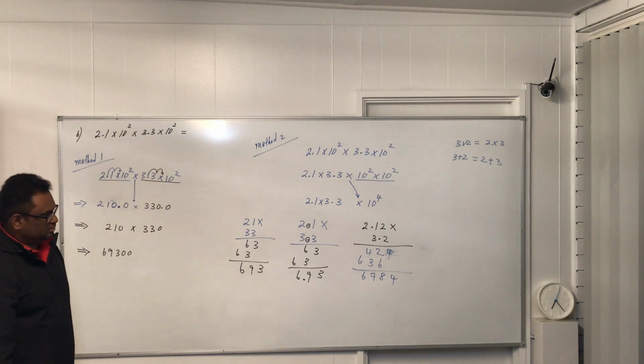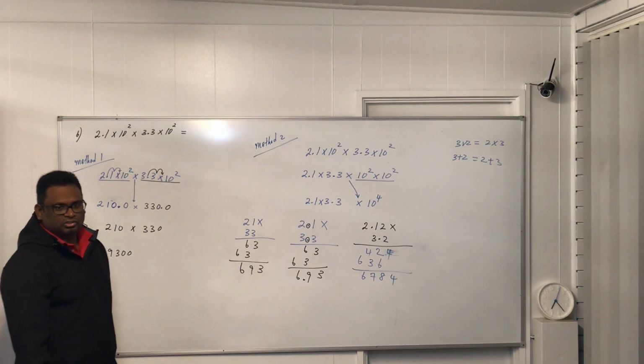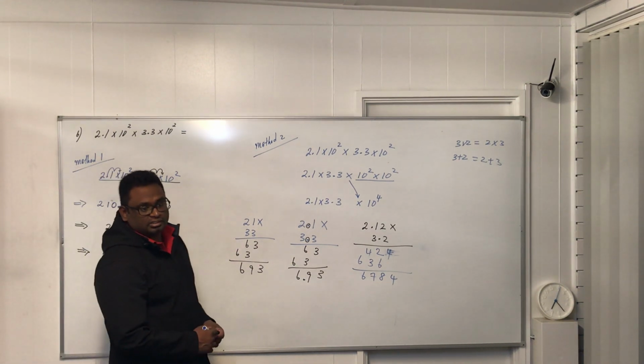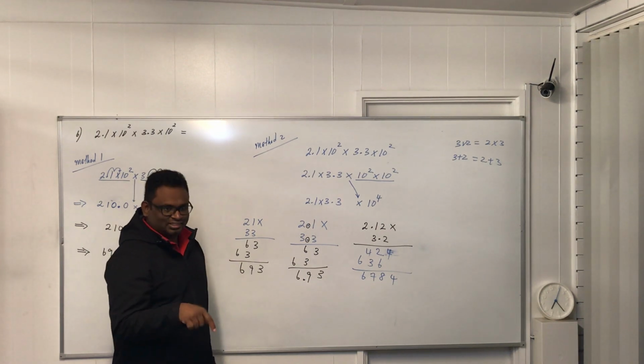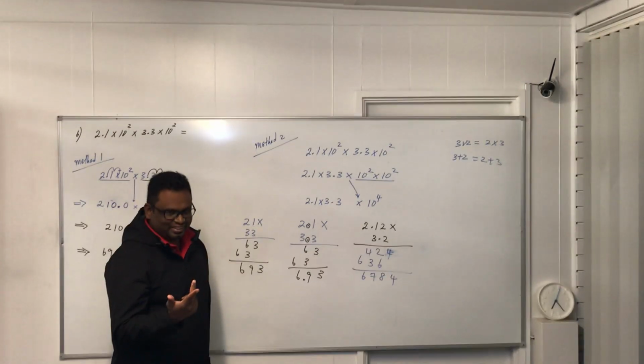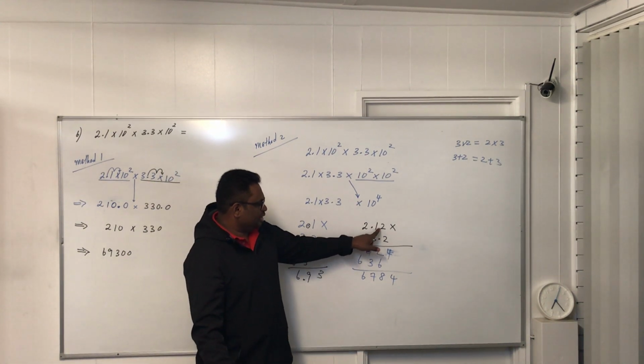Am I right? Then, how many decimals are there total? I'm not talking about the dots. There are 2 dots, that's fine. But how many decimals? That means after how many places?